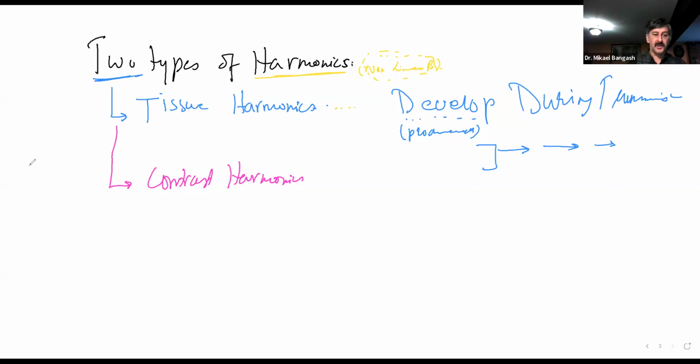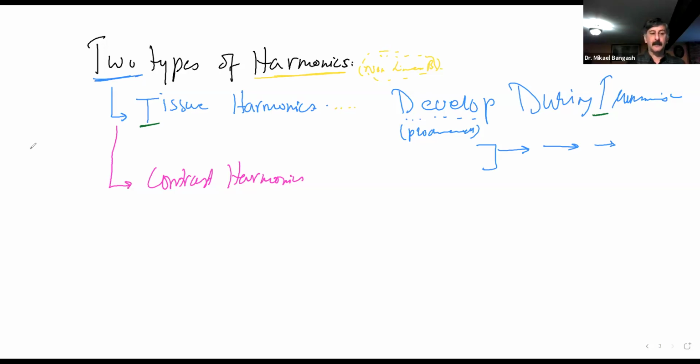Okay, now the cheat here is, guys, some things have a cheat. Tissue is T, transmission is T. So you just have to remember that tissue harmonics develop during transmission.